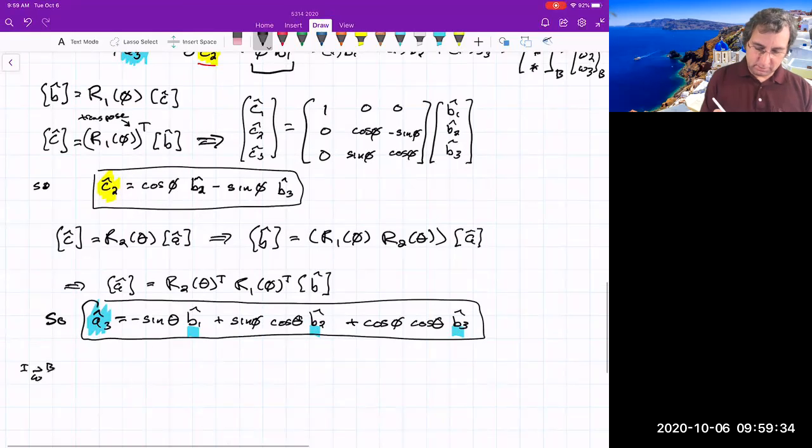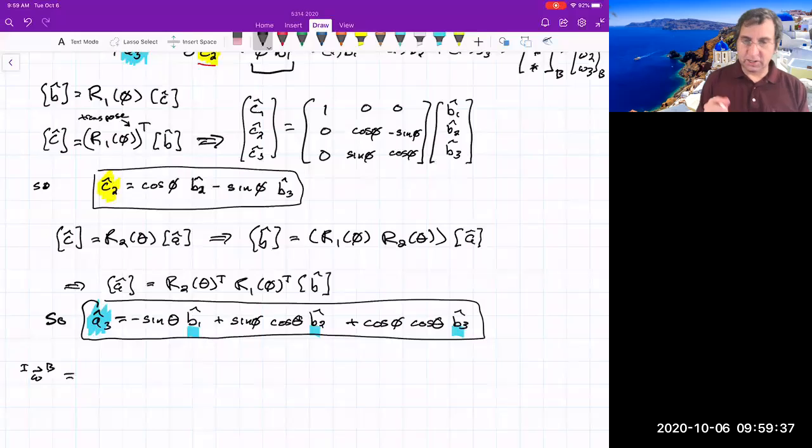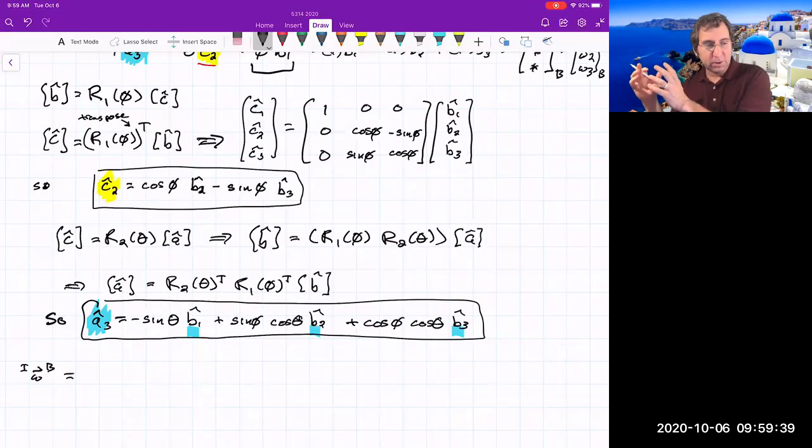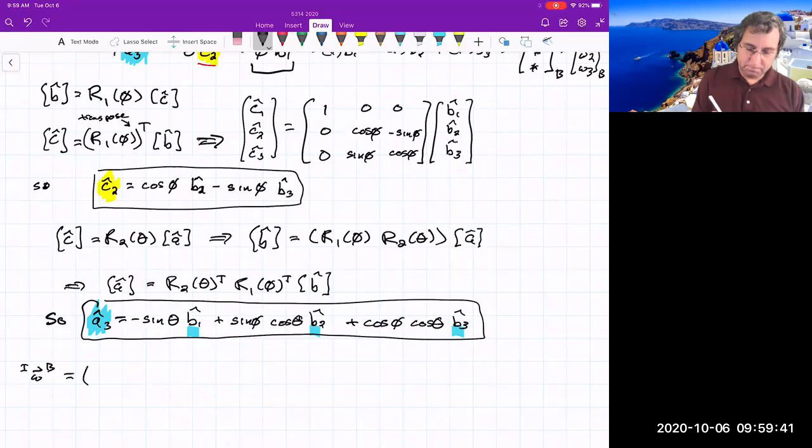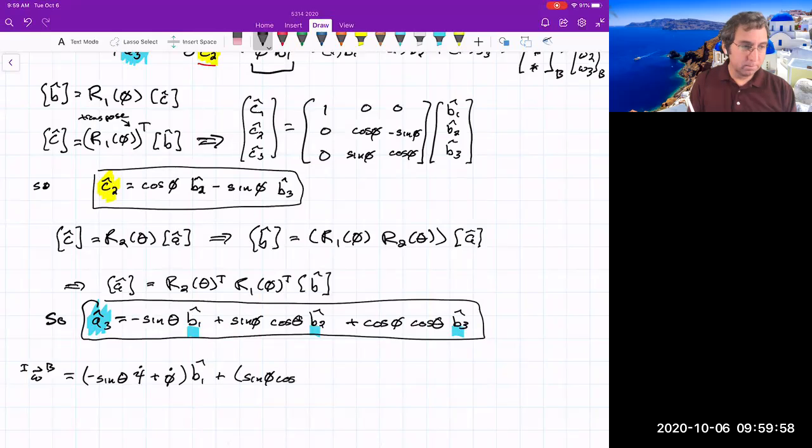I can write the angular velocity, and I'll just collect terms: B1 terms, B2 terms, B3 terms. So what do we get for the B1 component? And then there'll be something else, collecting terms for the B2 component.